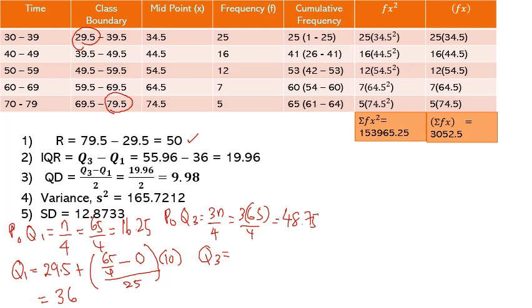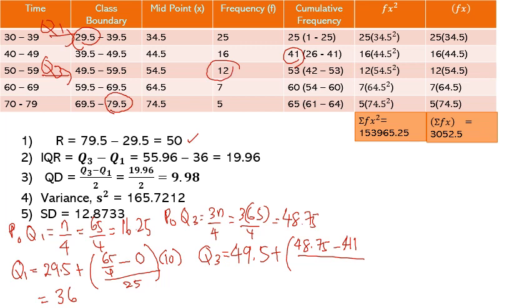Same formula. 48.75 is in this class boundary. So the lower boundary 49.5 plus (3n over 4, which is 48.75, minus the cumulative before, which is 41) over the frequency in the class, which is 12, times the class width 10.